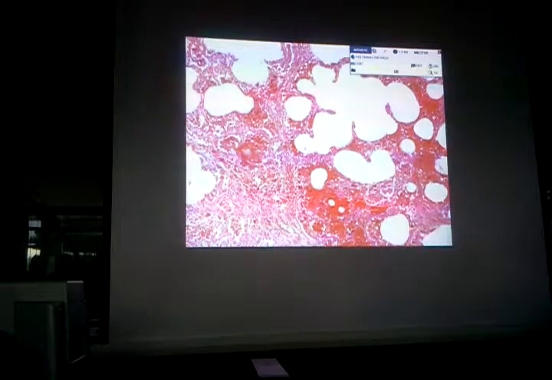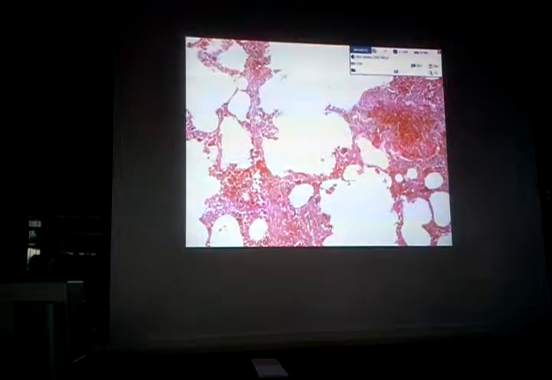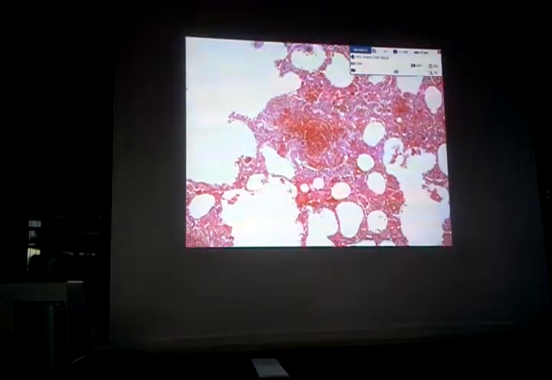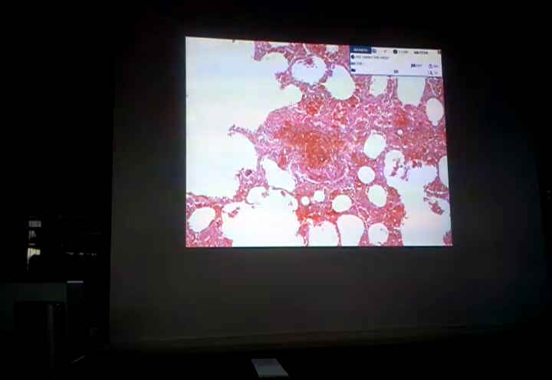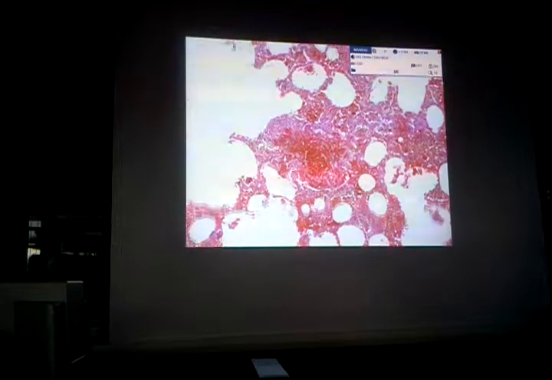What will cause the destruction? Nagkakaroon ng vasculitis, necrotic vasculitis because of the attack of, very good, anti-basement membrane autoantibodies.